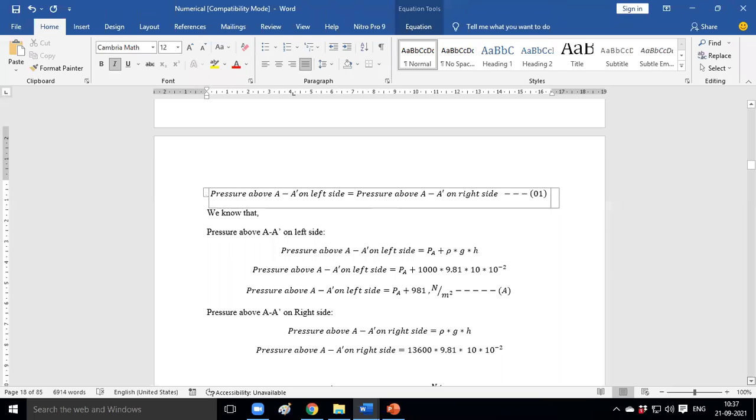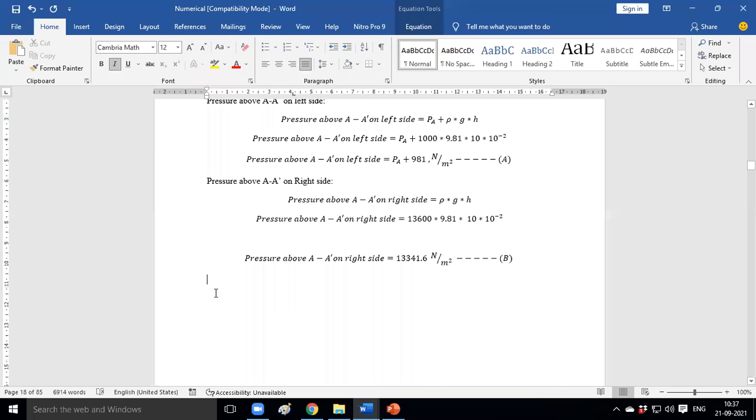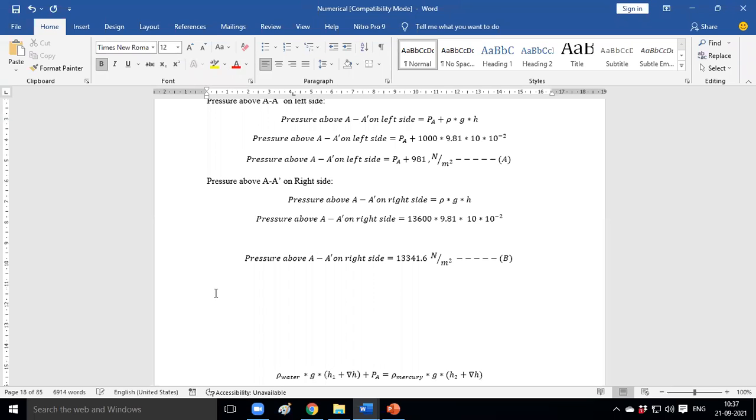So equations A and B we need to put in equation number 1 and solve for the value of PA. Is it understood?